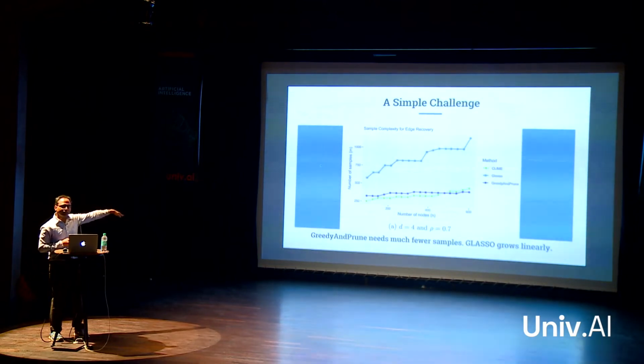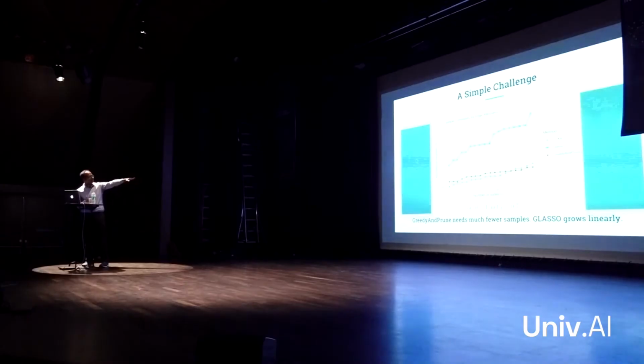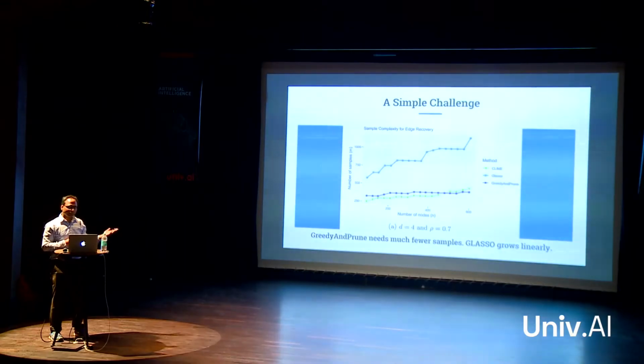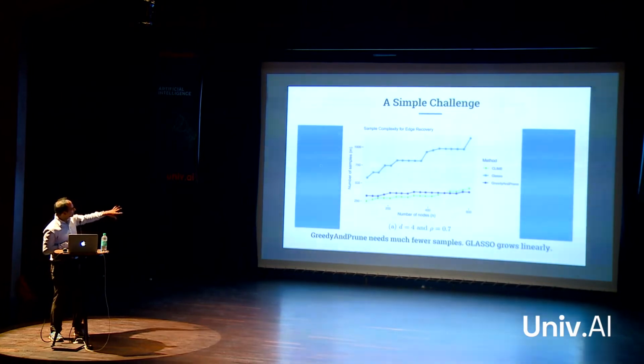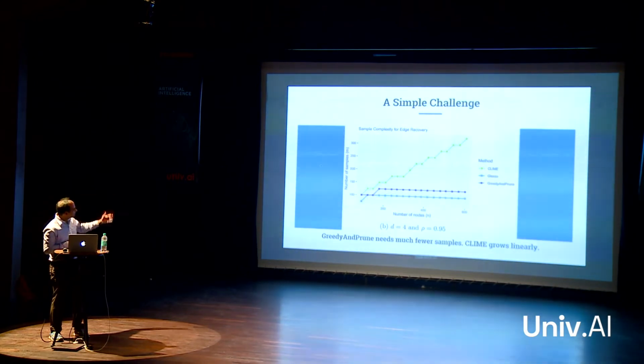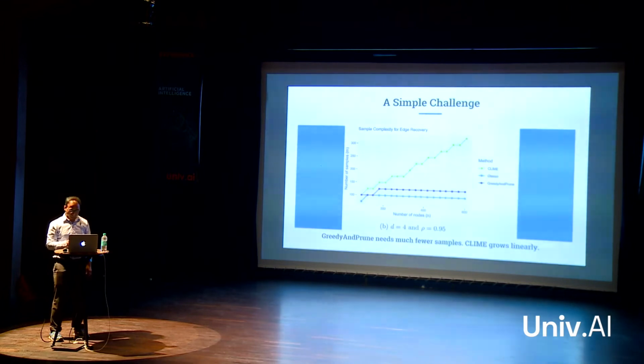It's not growing with the dimension, or almost not growing with the dimension. This ties back to the complexity only being logarithmic. Whereas in this example, Glasso, it's growing, looks pretty linear. Okay? And if you change the parameters a little bit, the other method also starts growing linearly, whereas our method still stays flat, which is what we really want.